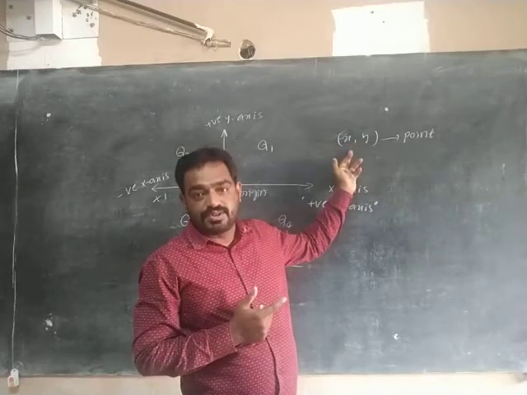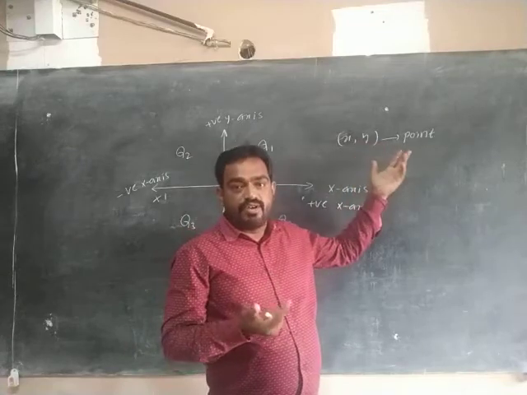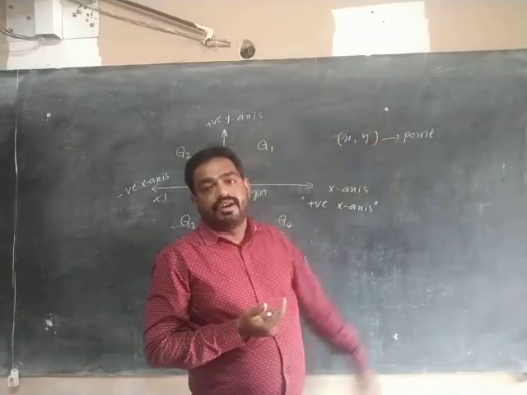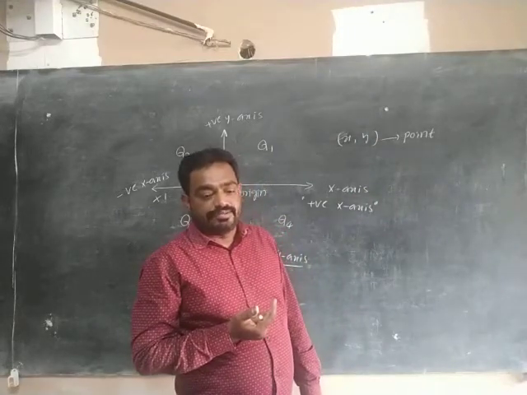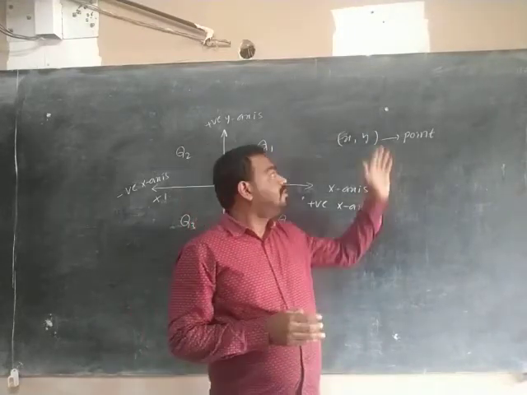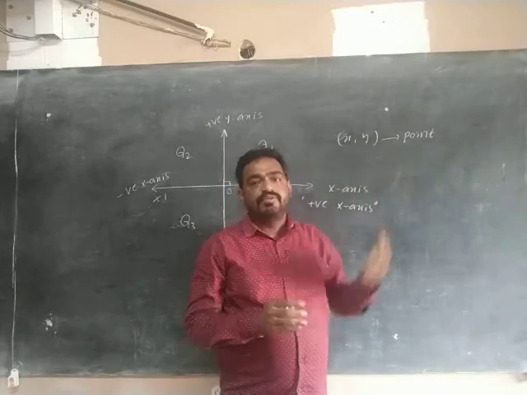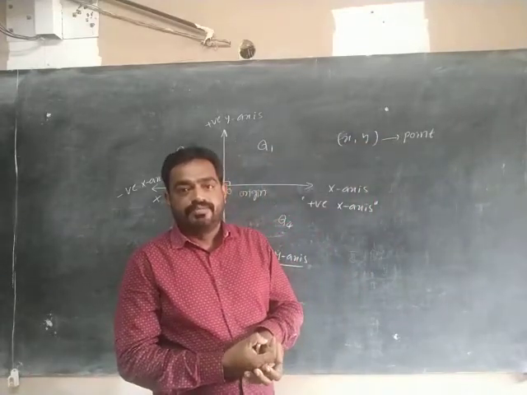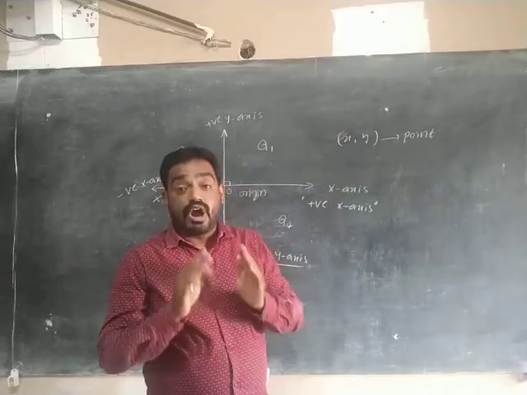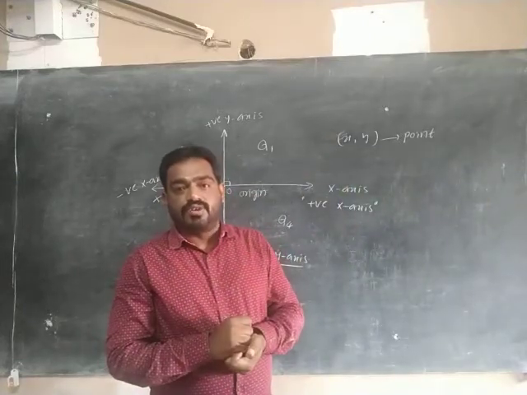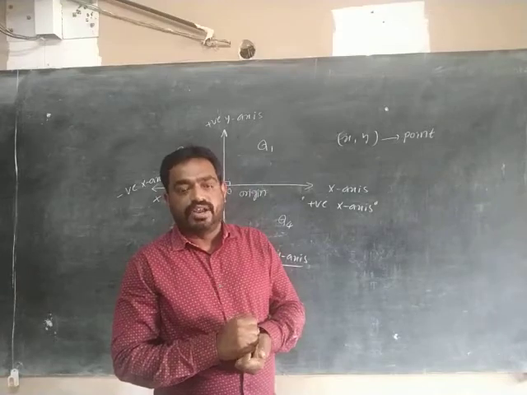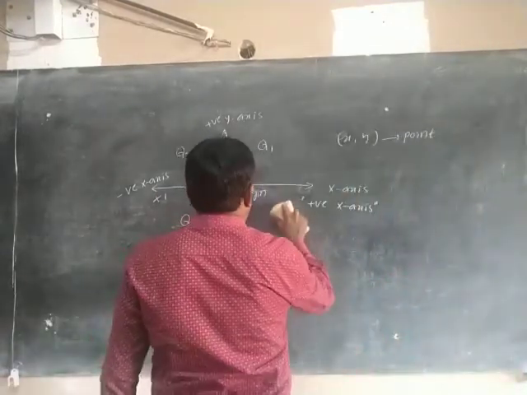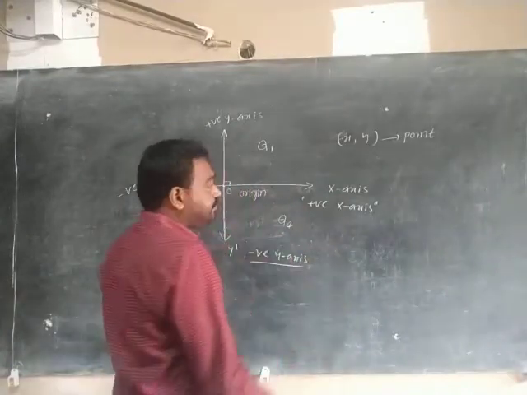The second element is the y coordinate. So in the point x comma y, which is the x coordinate, which is the y coordinate, we identify. But how are we defining the x coordinate? How are we defining the y coordinate?